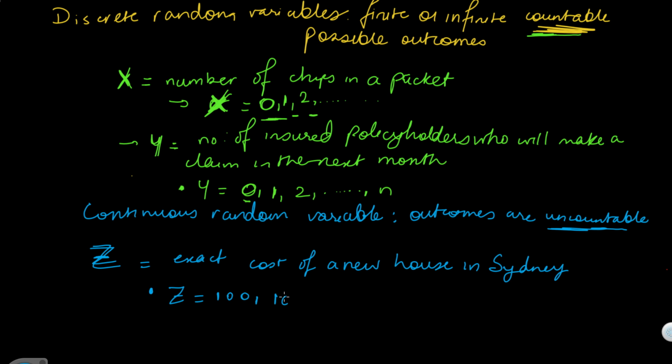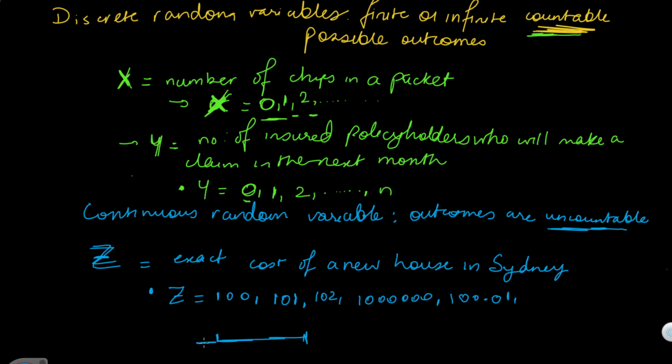Or it could be $101, or $102, or $1 million. But since we're looking at the exact cost, it could also be $100 and 1 cent. And so let's graph this on a number line.